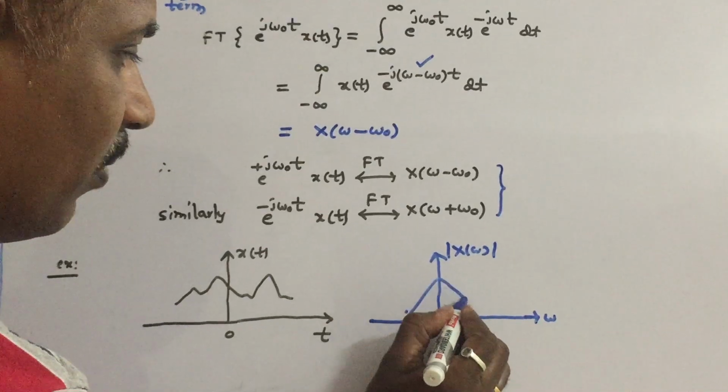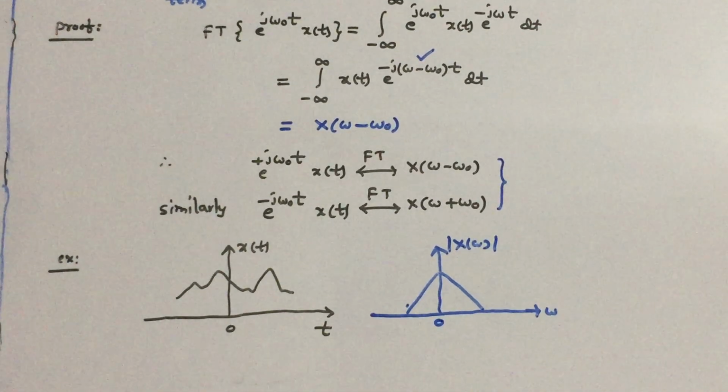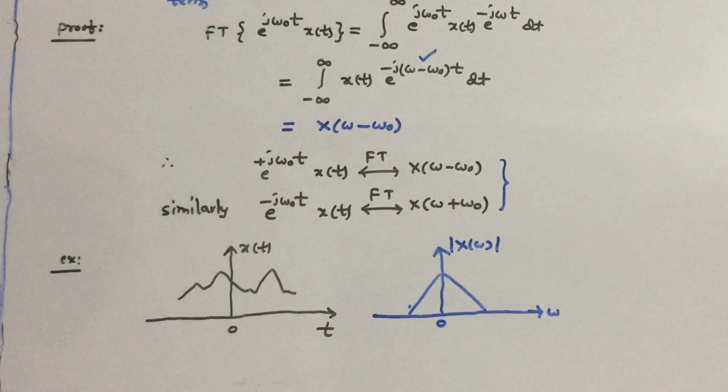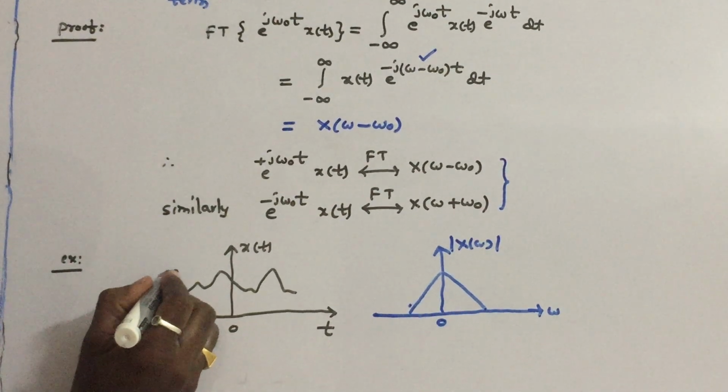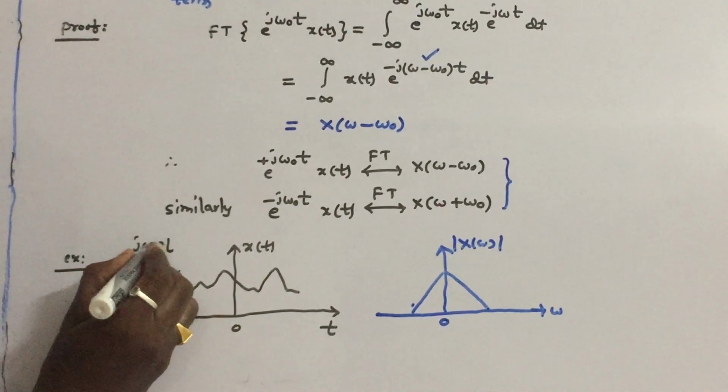We have seen this in different problems. Now what I am doing is multiplying this signal with a high frequency term with frequency omega naught t.